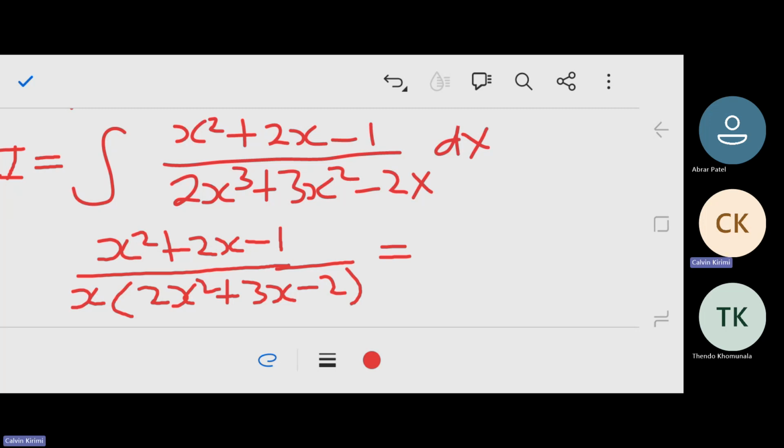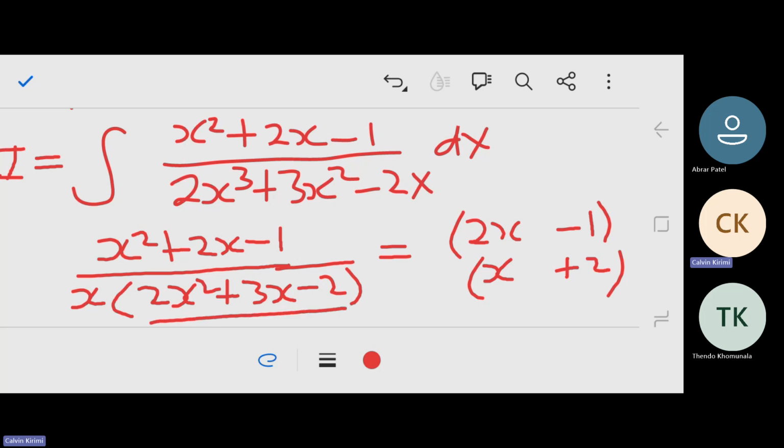If I want to factorize that, the combination is 2x minus 1 and then x plus 2. That is the combination that will give me 2x squared plus 3x minus 2. For example, 2x multiplied by x, then minus 2, obviously it's minus 1 and a positive 2. So this gives me the brackets I'm looking for to factorize this expression.